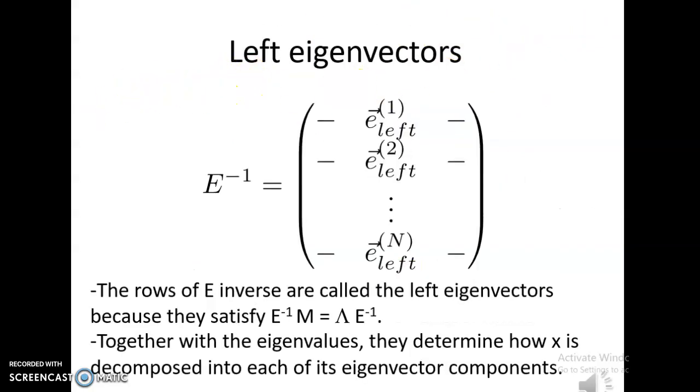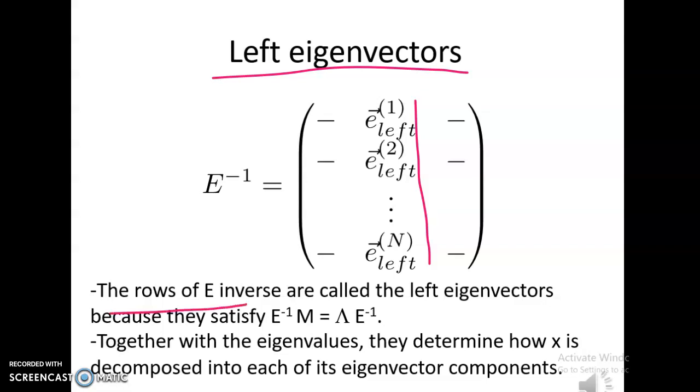Left eigenvectors. E inverse has as its rows E vector 1 left, E vector 2 left, up to E vector n left.